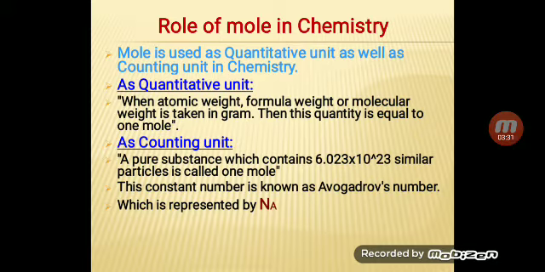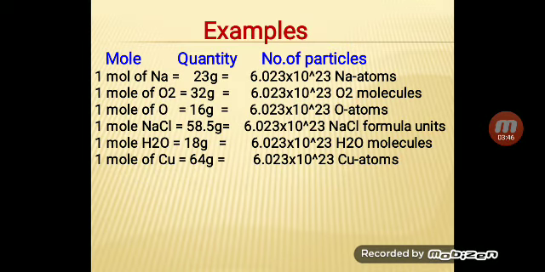is called 1 mole. This constant number is known as Avogadro number because this number was first introduced by Emilio Avogadro. That's why it is known as Avogadro number, which has been represented by Na.